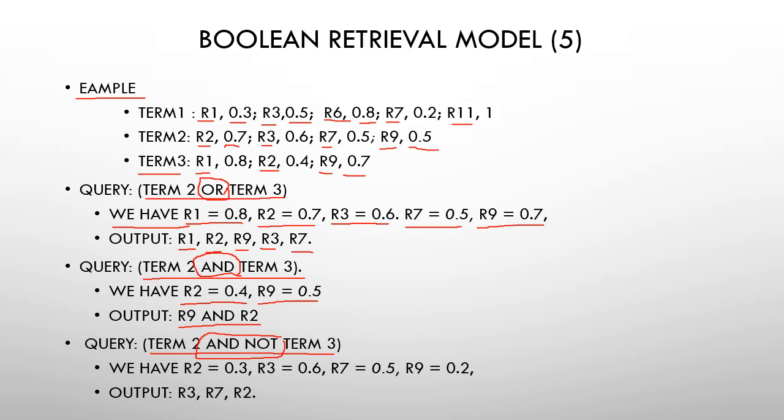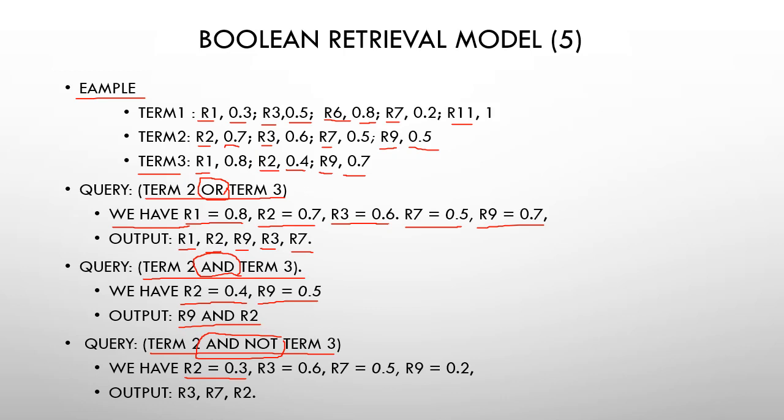The weight is 0.7, and term 3 appears on record number 2 also, but the weight is 0.4. So we record the difference of the weight, which is 0.3. So we record R2, but the weight is 0.3.